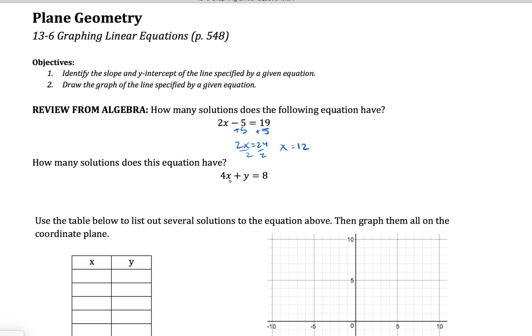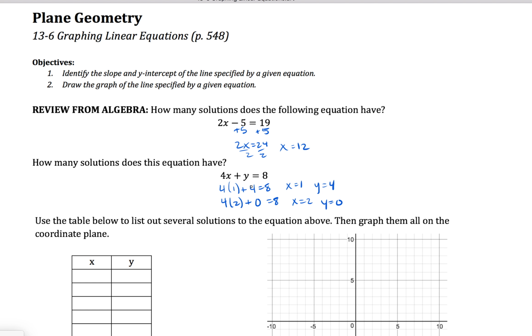I can put a 1 for x, so 4 times 1 plus a 4 would give me 8. So x equals 1 and y equals 4, that's a possibility. I could put a 2 in for x, 4 times 2 plus, and then use 0 for y. That would equal 8. So x equals 2 and y equals 0 would be a solution.